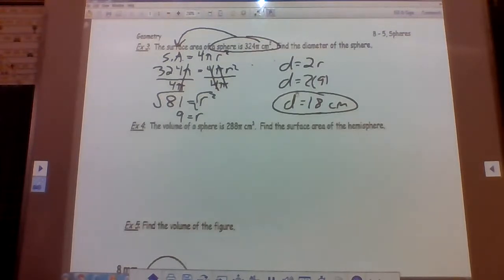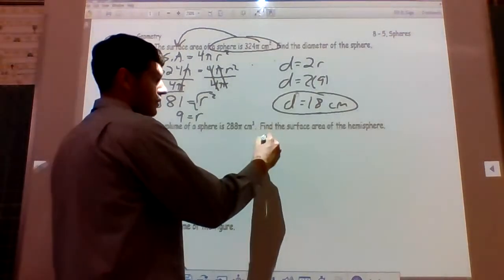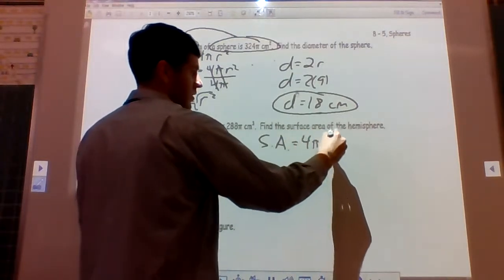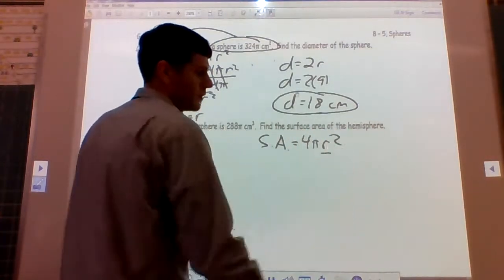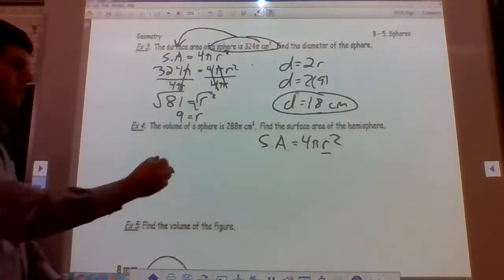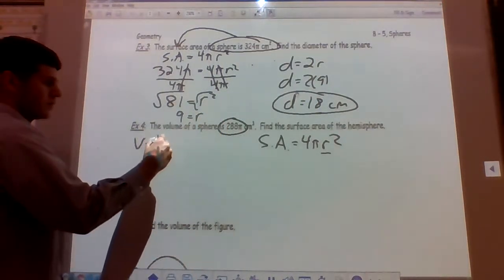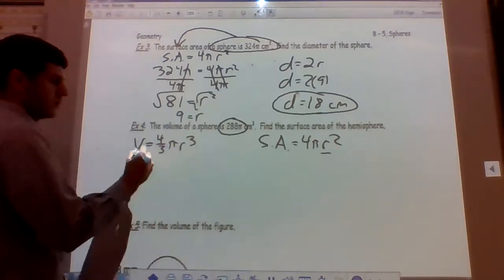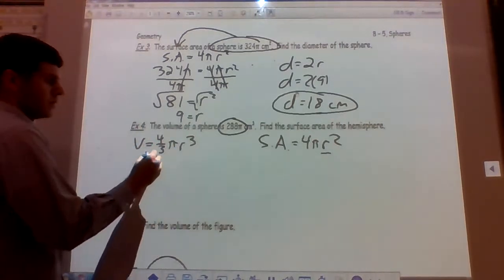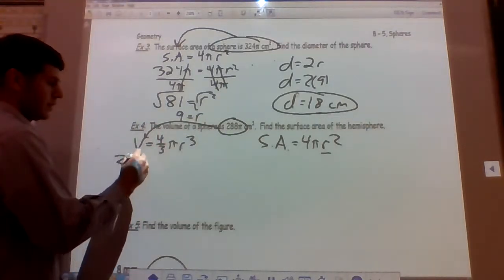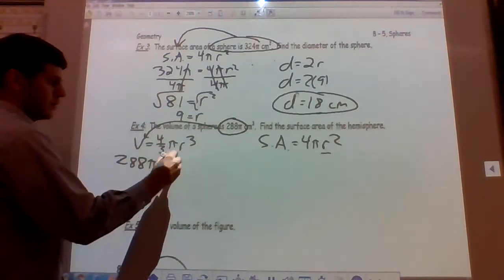Four, we want to find the surface area. So in order to find the surface area, we're going to need to know the radius. So we have to use the volume here to find the radius. So volume is 4/3 pi r cubed. So the volume is 288 pi.